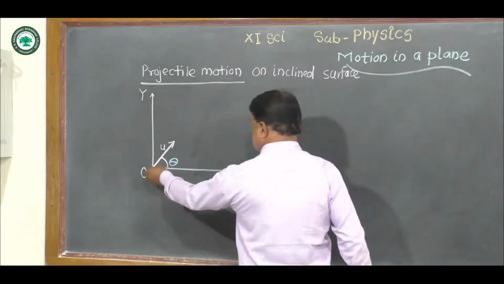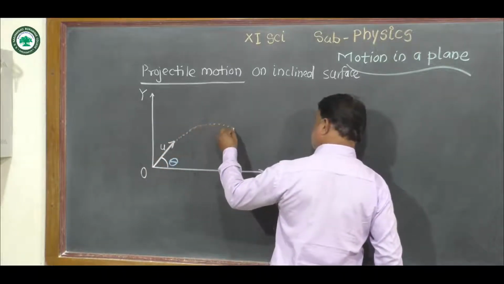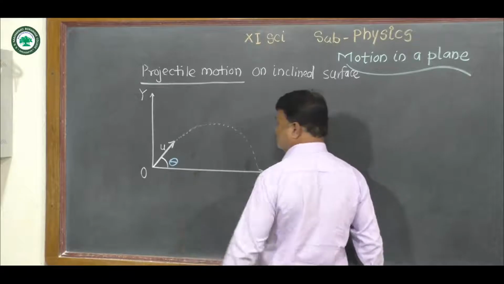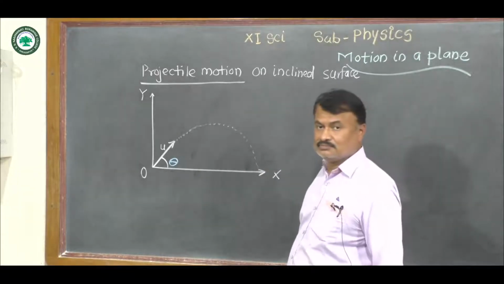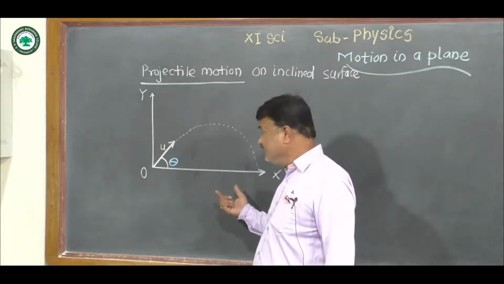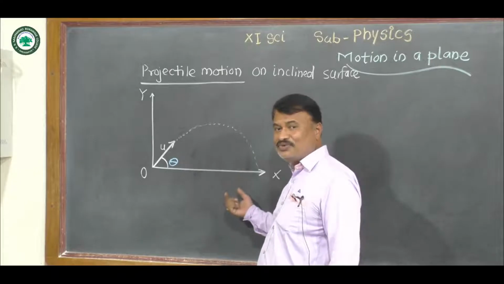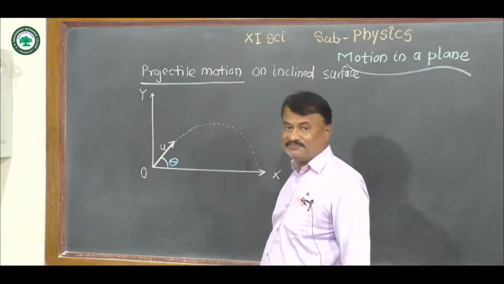Then this body or projectile moves along the trajectory like this one. We studied that in this case we determine the maximum height, range of projectile and time of flight.